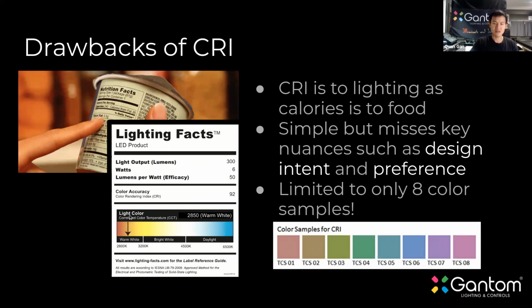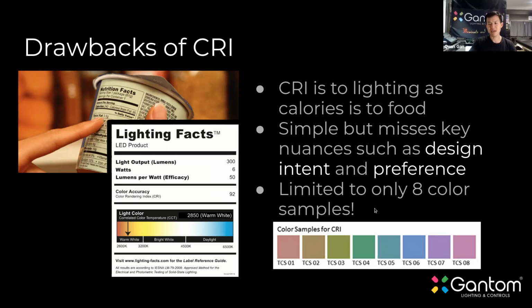So some of the things CRI does not cover are the design intent and the actual preference of your customer when they look at what you've produced. And one very obvious drawback is the fact that there are only 8 color samples that CRI is testing against.